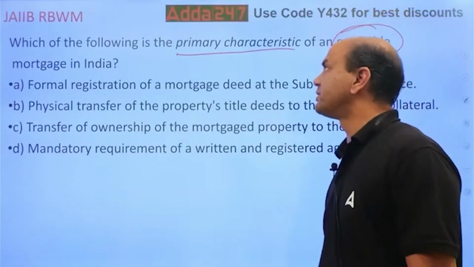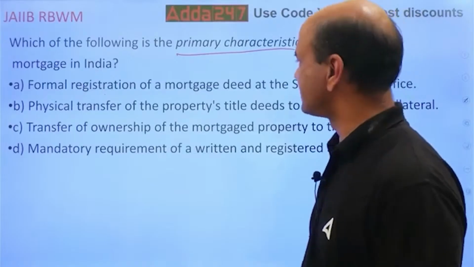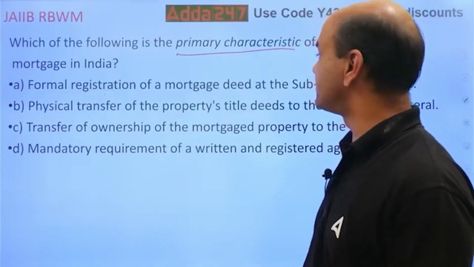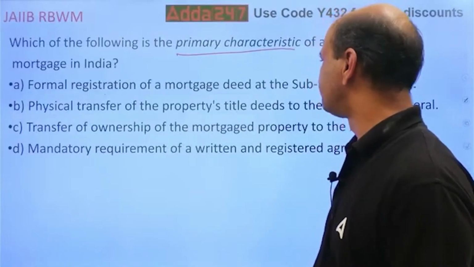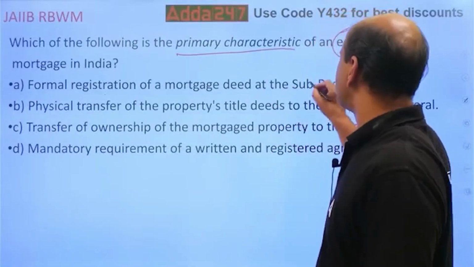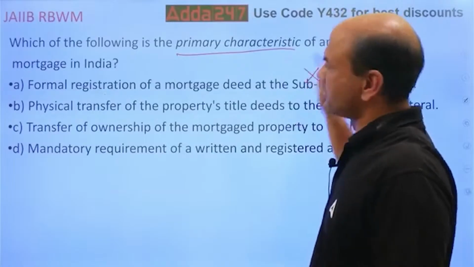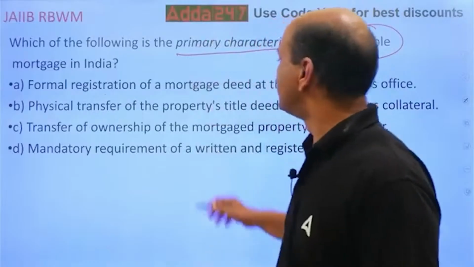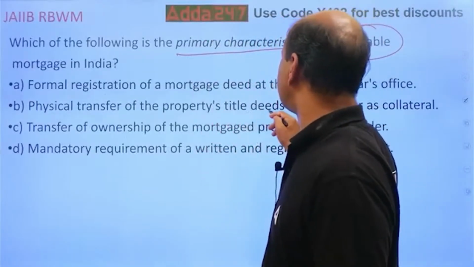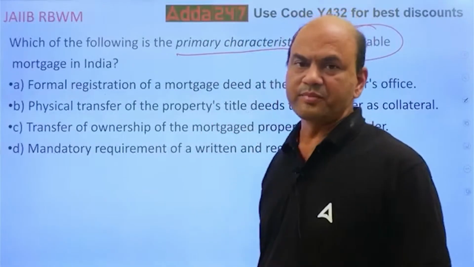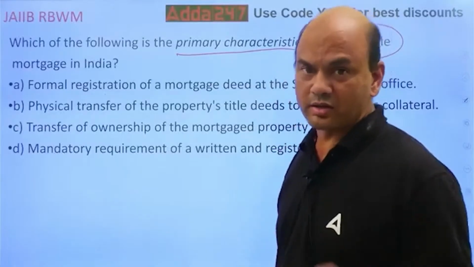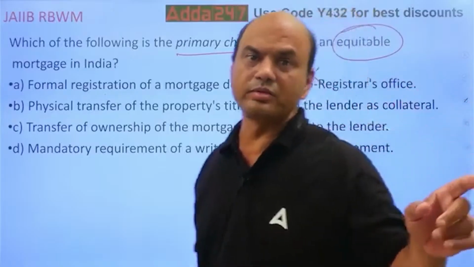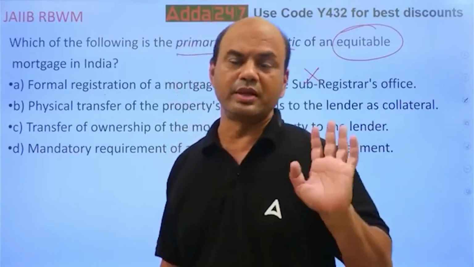So which of them is the primary characteristic over here? See, registration at the sub-registrar is not done in equitable mortgage. Physical transfer of property's title deeds to the lender: always remember, title deeds are always in the name of the borrower only.